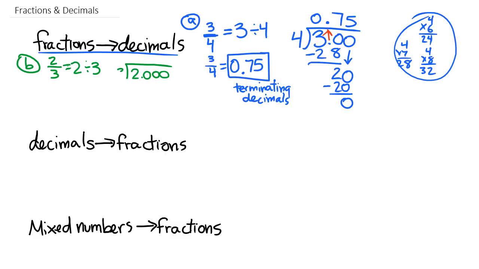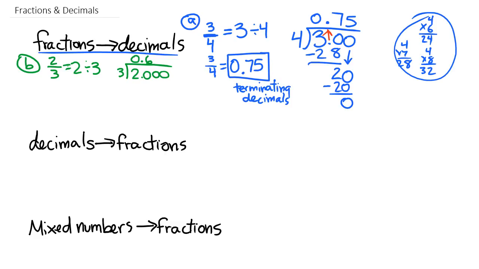How many times does 3 go into 2? Well, it doesn't, so we put our decimal place straight up. How many times does 3 go into 20? 3 times 5 is 15, 3 times 6 is 18, 3 times 7 is 21. Not quite 7 times, so the most we can do is 6.